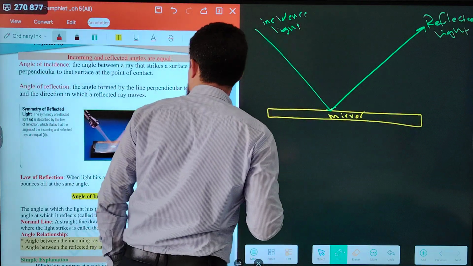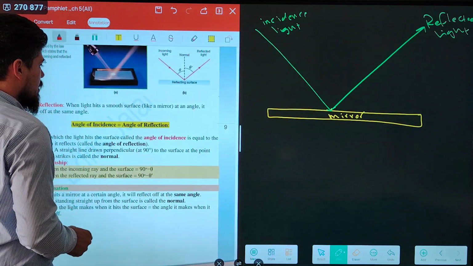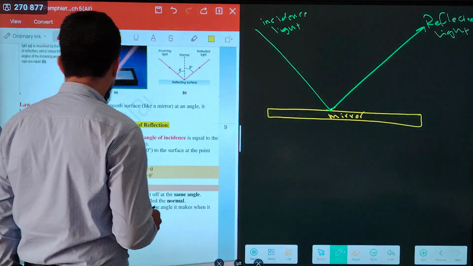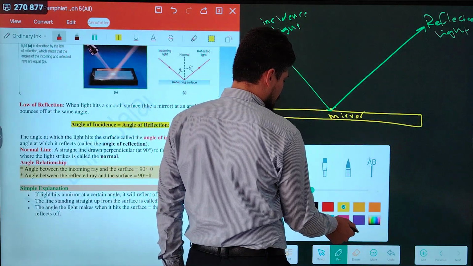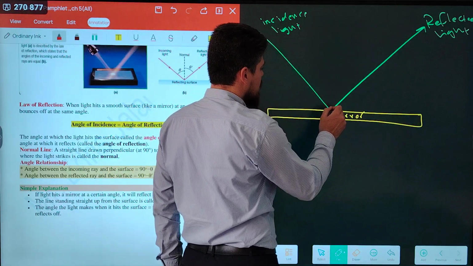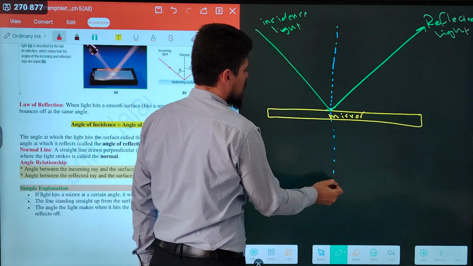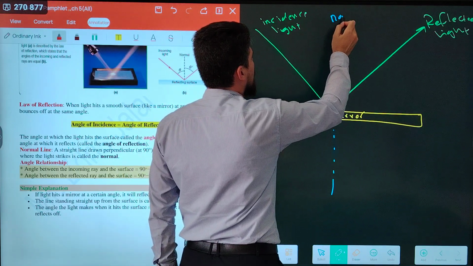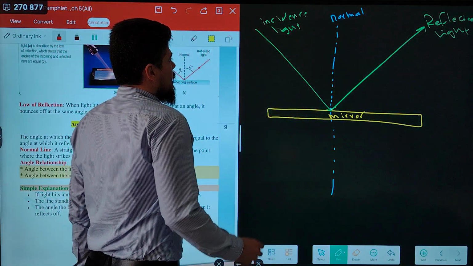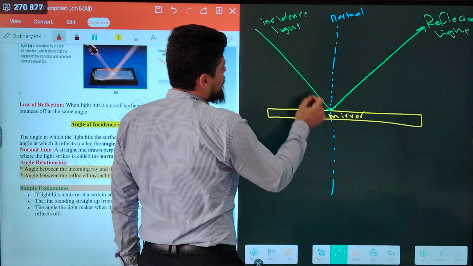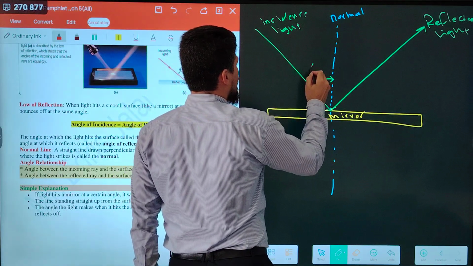A straight line is drawn perpendicular to the surface at the point where the light strikes. This line is called the normal. Guys, look, the angle of incoming or incidence light with the normal is called theta.